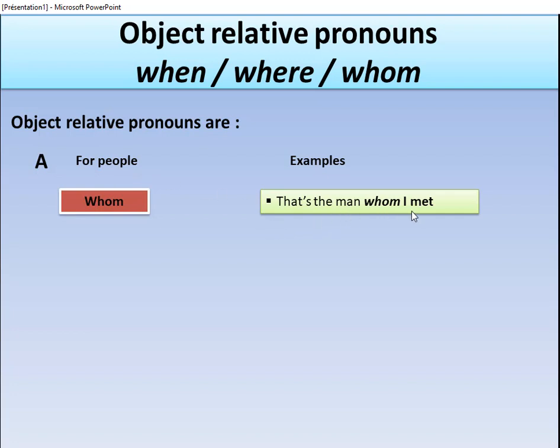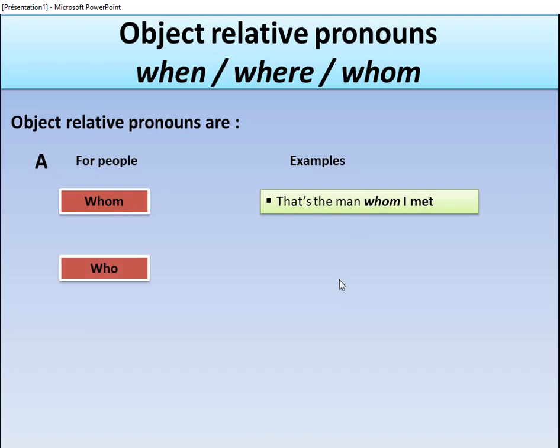Normally this was a two-part sentence. We say that's the man, I met that man. So to avoid repetition we say that's the man whom I met. It's like this, whom I met, is a clause that gives us more information about the man. Let's see another option for whom.